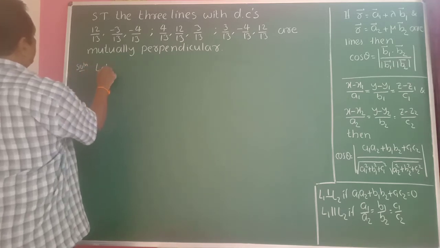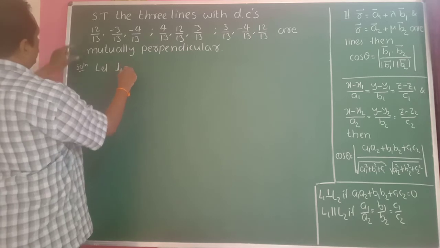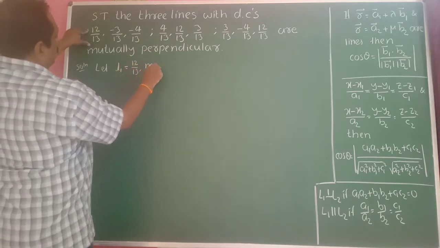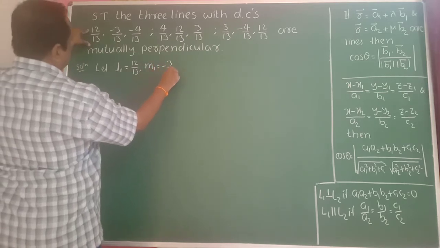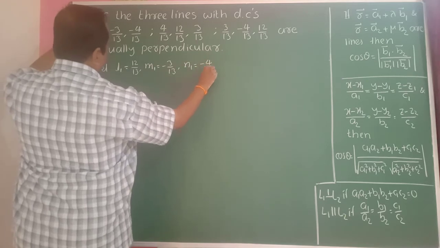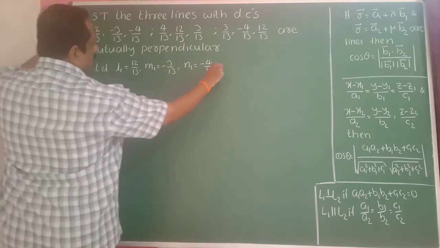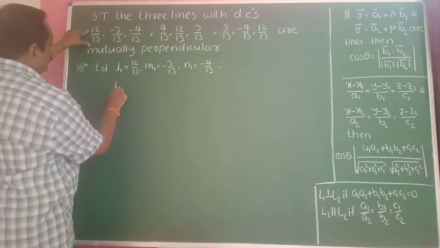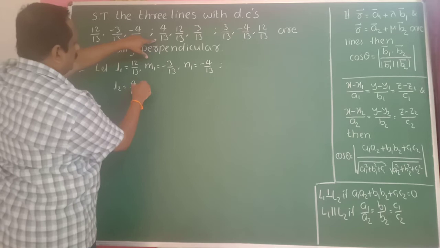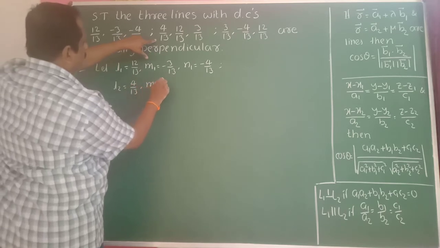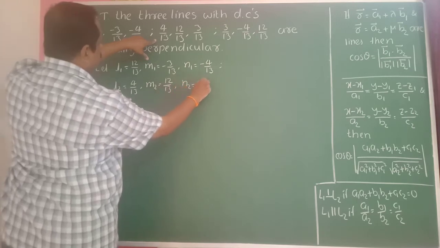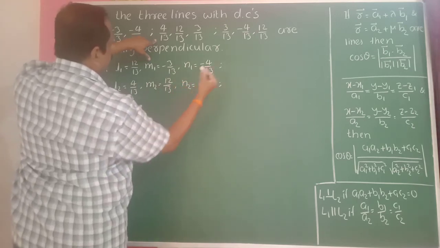Let l1 is equal to 12 divided by 13, m1 is equal to minus 3 divided by 13, n1 is equal to minus 4 by 13. Then l2 is equal to 4 by 13 here, and m2 is equal to 12 divided by 13, and n2 is equal to 3 divided by 13.